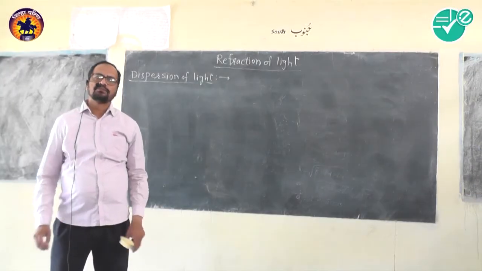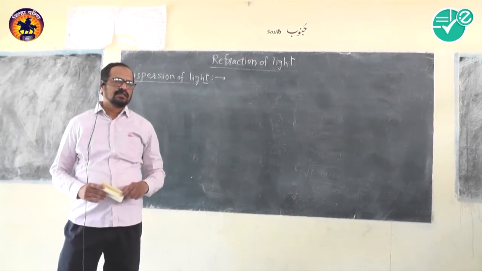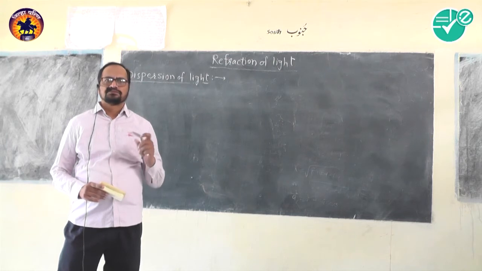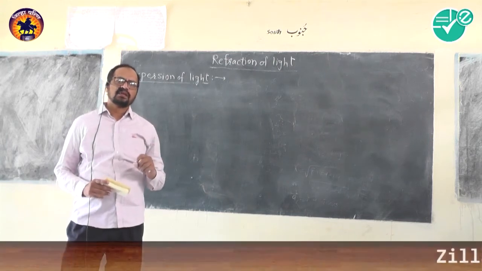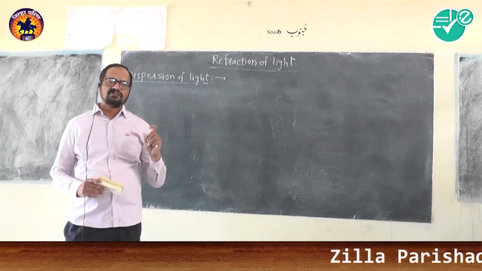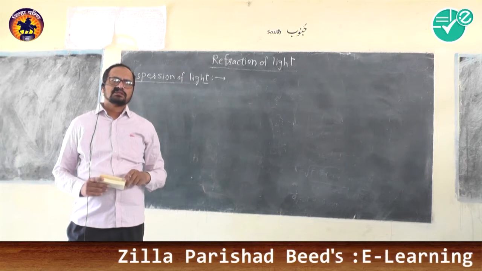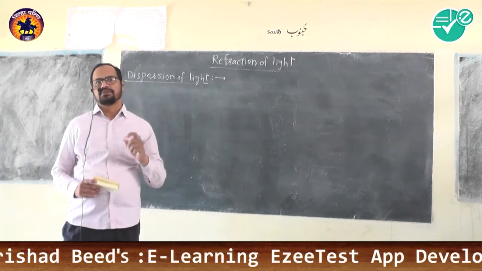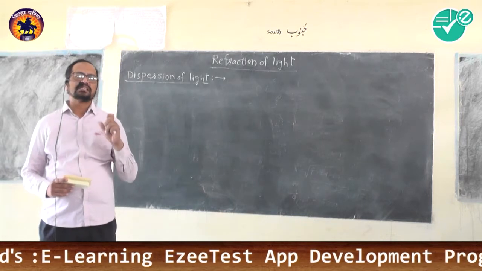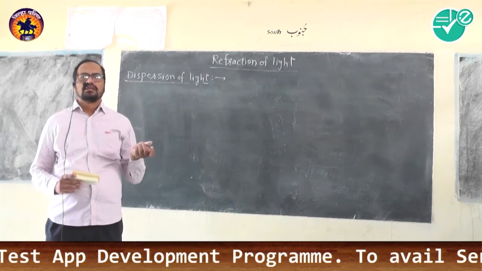Hello students, as we have studied in the previous class, white light consists of different wavelengths and every wavelength has its own color. So when white light is incident on a denser medium, we get 7 colors, called VIBGYOR.